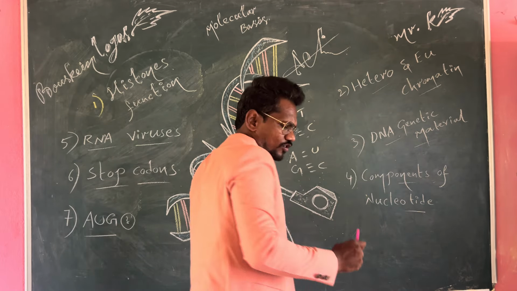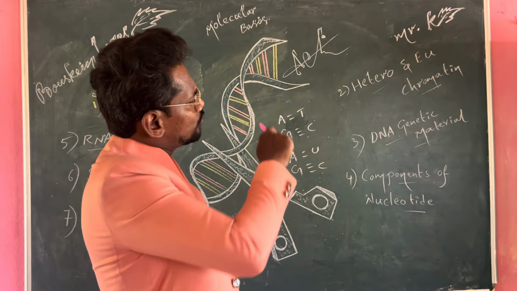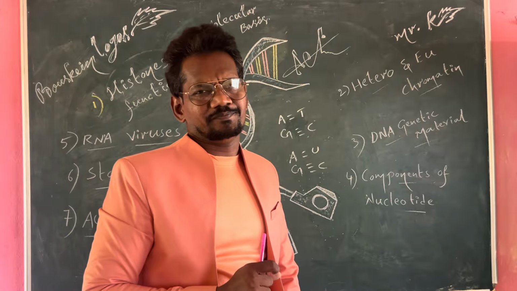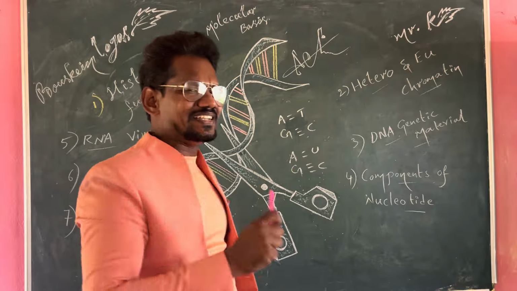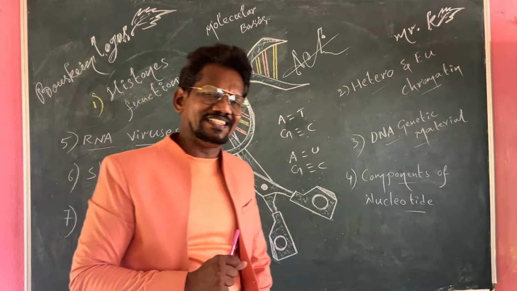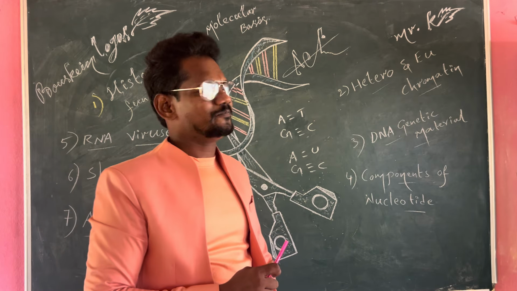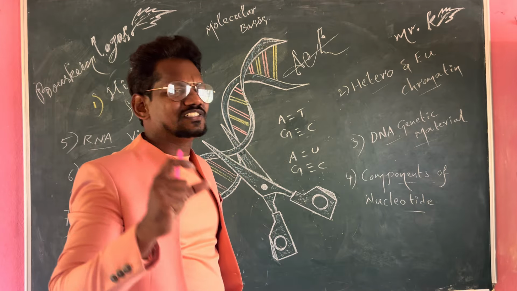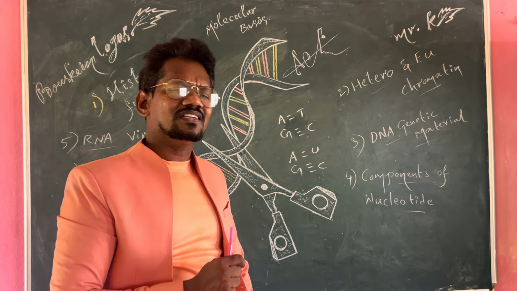Heterochromatin is densely packed, euchromatin is lightly packed, in the sense loosely packed. Heterochromatin staining is dark, whereas euchromatin staining is light.